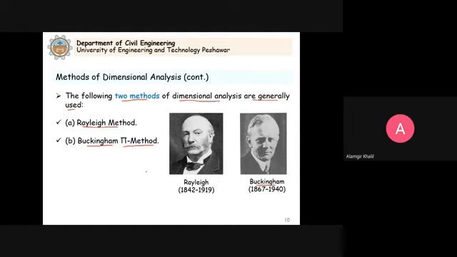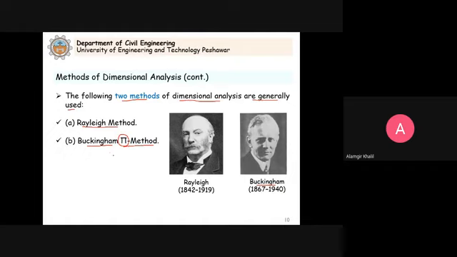Actually, it was developed by several people, but the credit goes to Edgar Buckingham, because he formalized this method in his publication in 1914. That is why this is known as the Buckingham Pi method. This is uppercase letter pi. I will explain why it is known as the pi method.